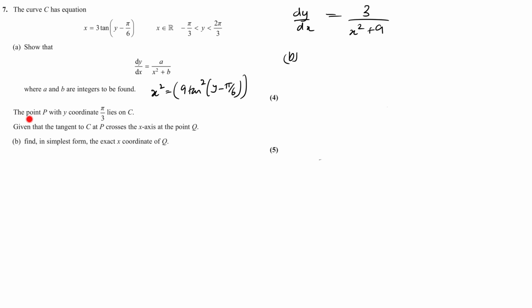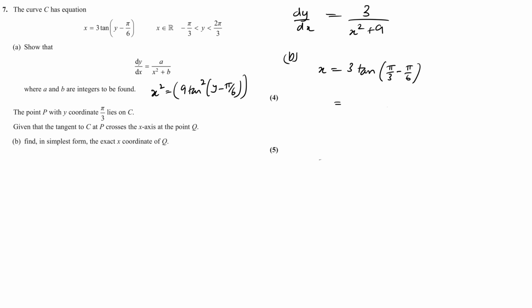So we've got the point P with y coordinate a third pi. Given that the tangent to C, so that would be this dy by dx, at P crosses the x-axis at the point Q, find in the simplest forms the exact value of Q. So first there's P with the y coordinate. To use this, I need the x coordinate, don't I? So we know that x equals 3 tan of y minus pi by 6, which is pi by 3 minus pi by 6, isn't it?